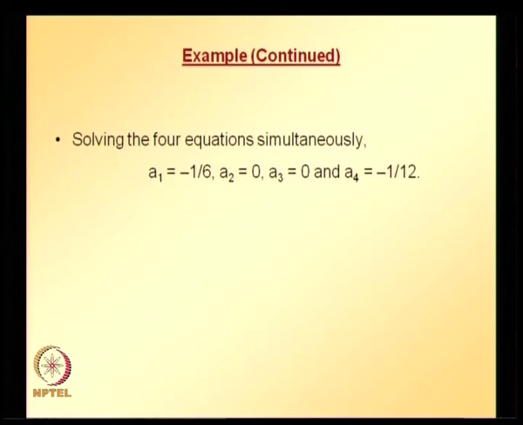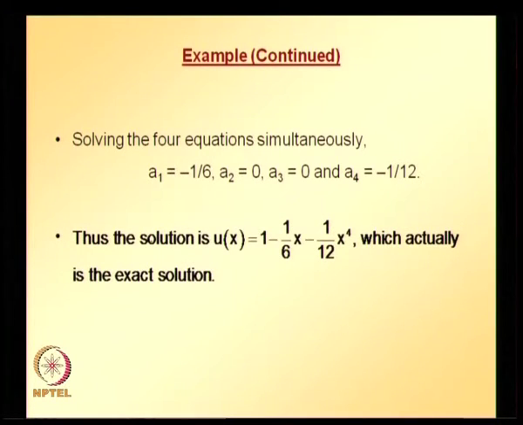a1, a2, a3, a4, and what we need to do now is substitute these coefficients into the trial solution, that is 1 plus a1x plus a2x square plus a3x cube plus a4x power 4, and surprisingly what you observe is whatever approximate solution that you get is same as the exact solution.